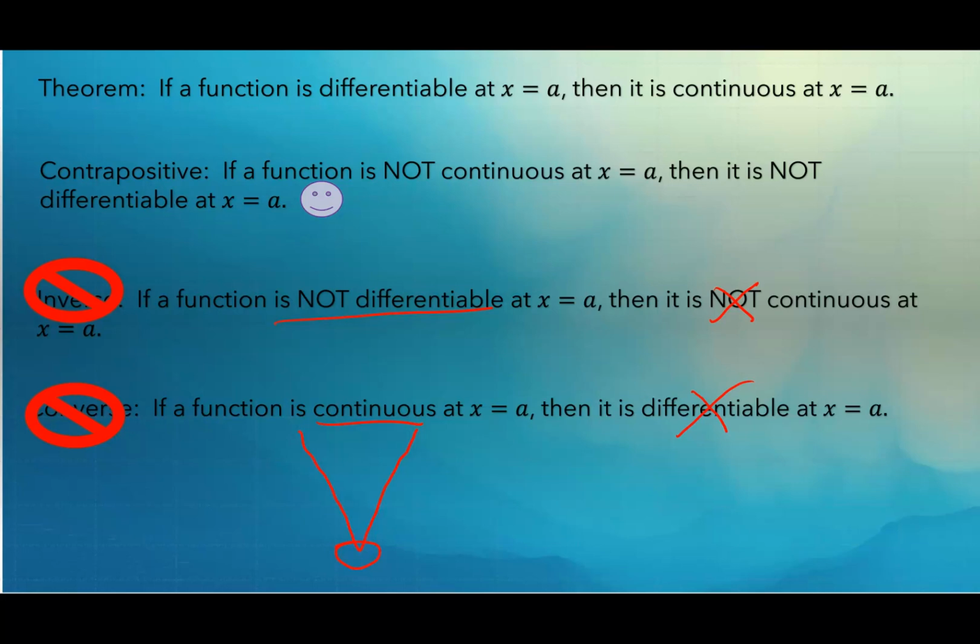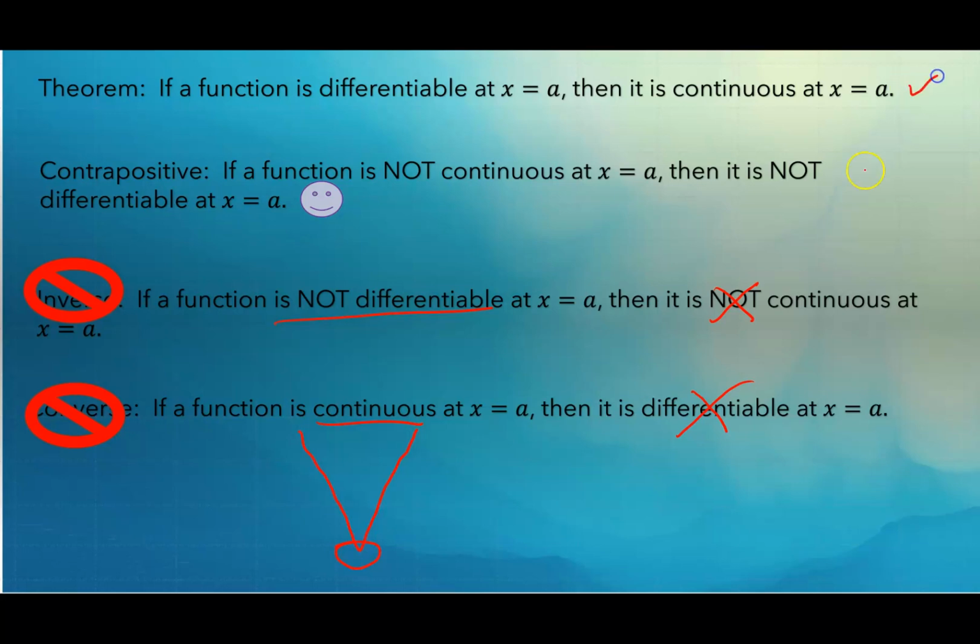Because sometimes it's easier just to prove a function is continuous or not than to prove that it's differentiable, right? So the converse and the inverse are not the same. However, the contrapositive is logically equivalent.